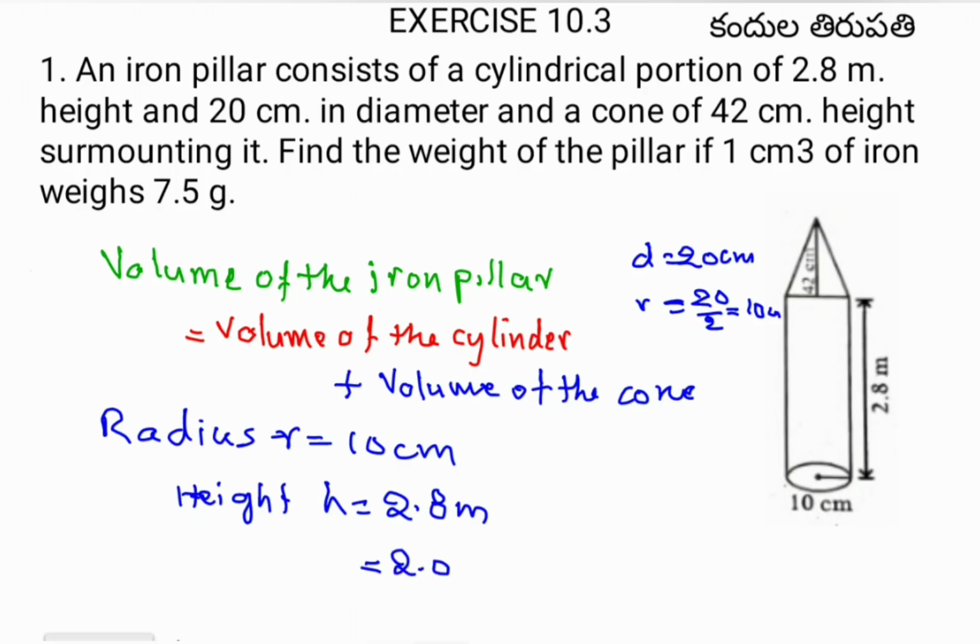Multiply with 100, we will get it in centimeters, that equals 280 centimeters.